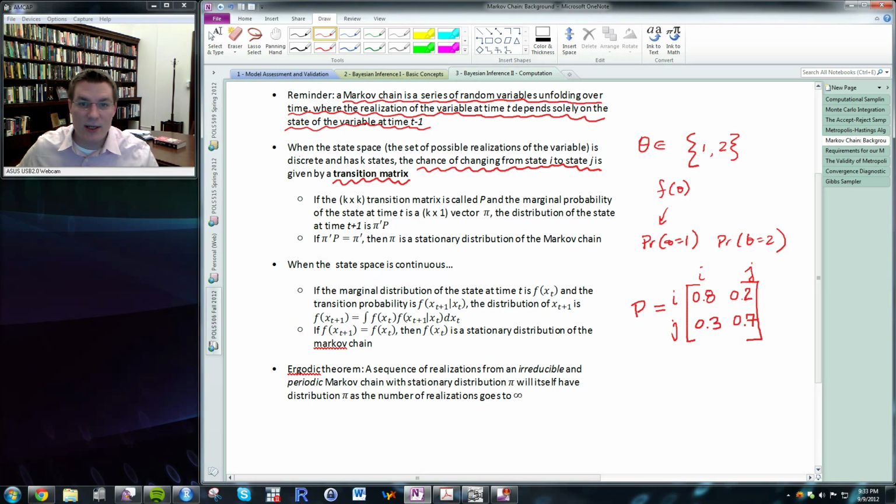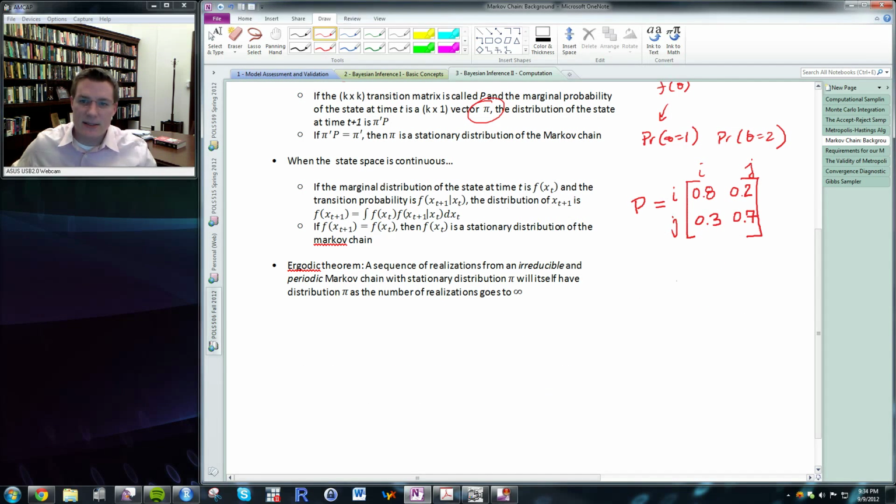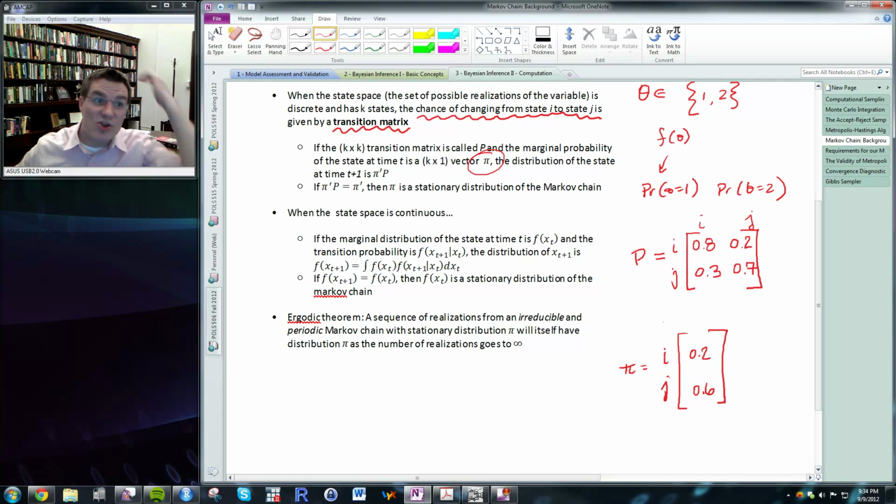Pi, which is the marginal distribution of being in a particular state, just tells us how likely I am to be in state i and how likely I am to be in state j in general.